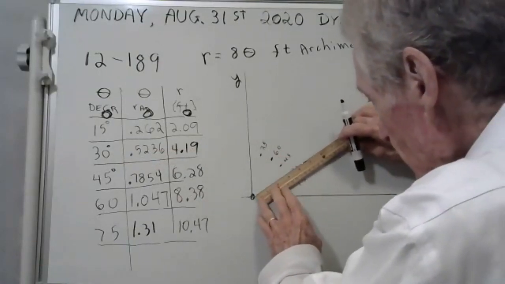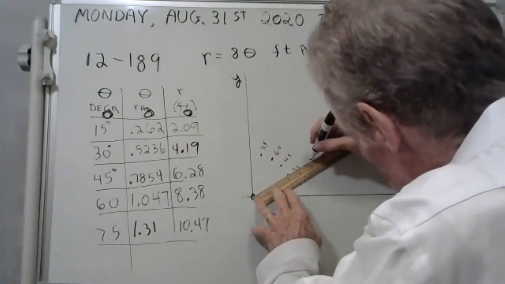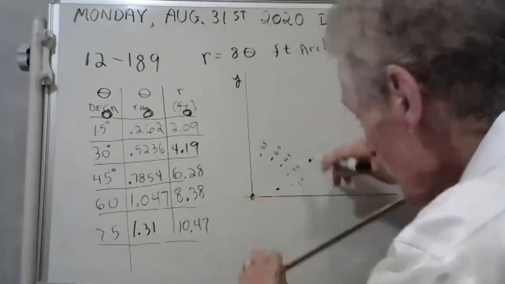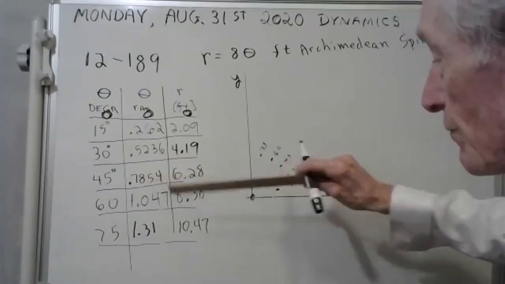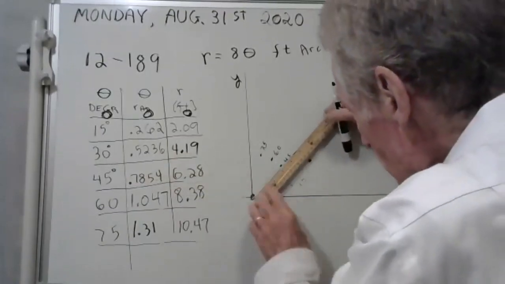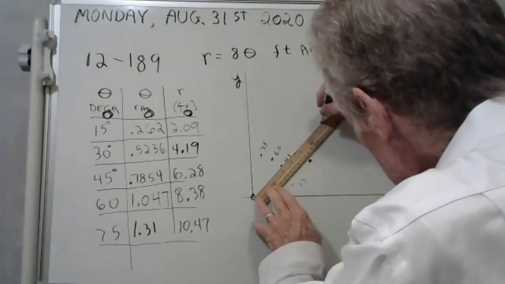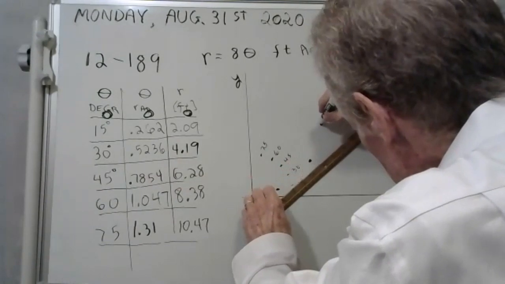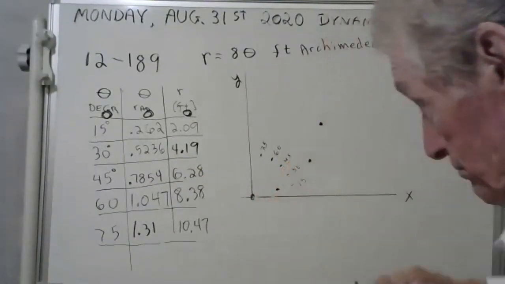So I'm going to go 5.2 inches, which puts me right about there. And then at 45 degrees, I need 0.7854. That's 7.8 inches at 45. That puts me right about there. I think. Let me double check that. So yeah, that's about right.